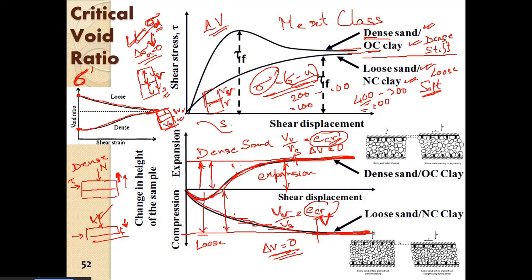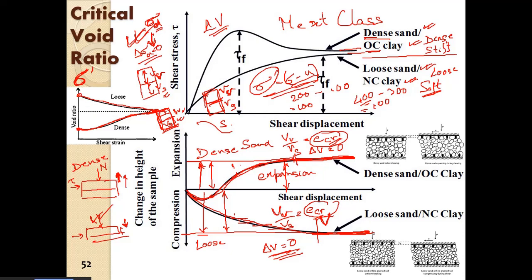Remember that the shearing has to continue. It is under constant shearing only that we achieve this. We will see what the different void ratios are corresponding to different effective confinement, and how we define that. When we shear, the dense soil will expand and tend to a constant volume, that is a constant void ratio.